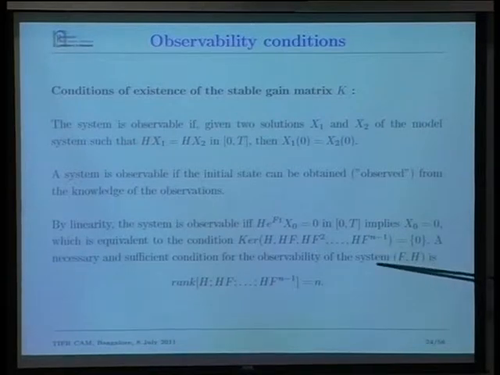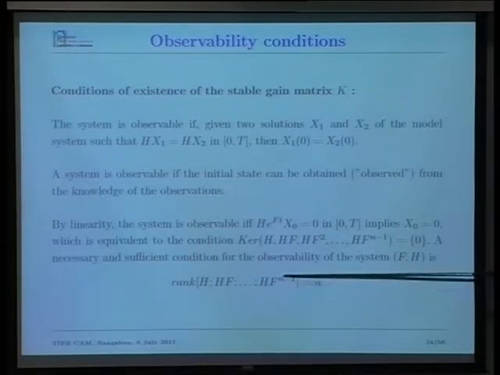And then at the end, you have a sufficient condition for the observability of the system, the model F and the observation operator H, which is that the rank of this matrix is exactly n. Okay, you take the observation operator H, H times the model, H times the model times the model, and so on until H times F to the power n minus 1. Okay, you apply the model n minus 1 times, and then you observe.